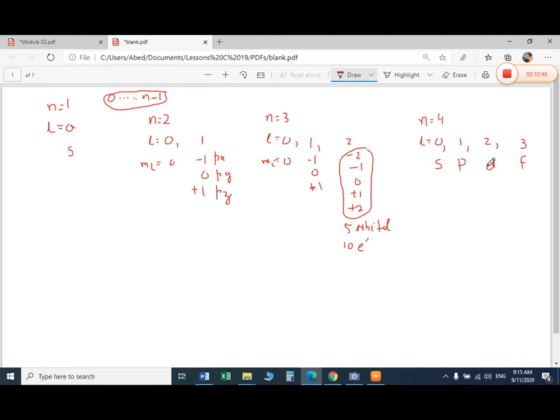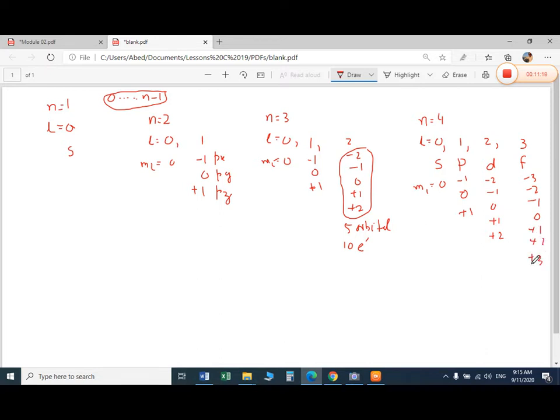And here again we come back to see this when n is equal to 4, so then ML, we don't need to calculate, but this is 0. This will be the same, -1 0 and +1, and this we already learned, -2 -1 0 +1 and +2. But in the F this is the case here, -3 -2 -1 0 +1 +2 and +3.